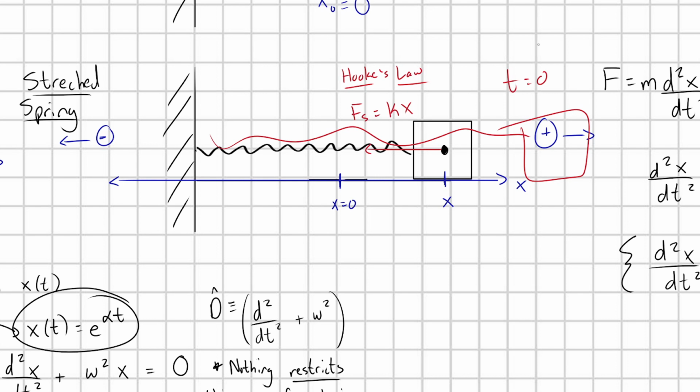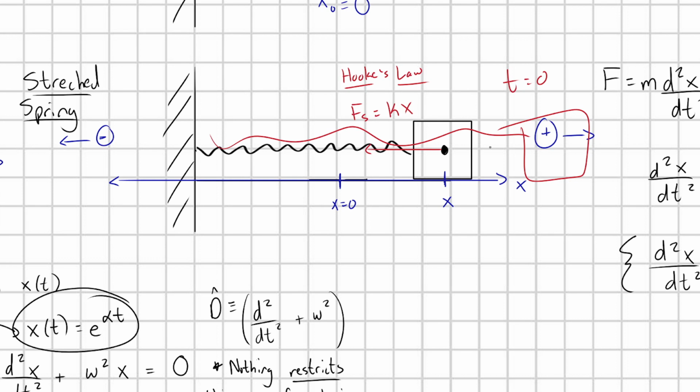The other thing is, did I, for example, push the block so that it could start moving? Maybe I took it here and then I also pushed it over to the left. I gave it a little nudge so it had some initial velocity. So that's really interesting. I have two possibilities here.